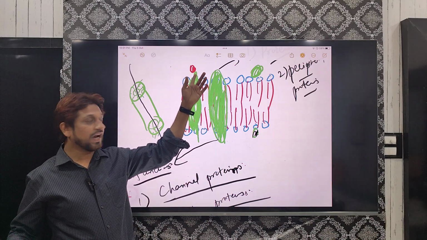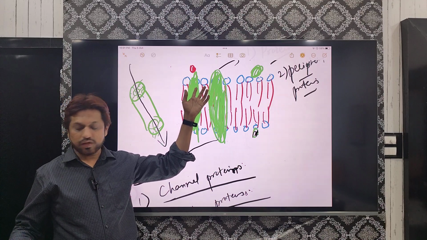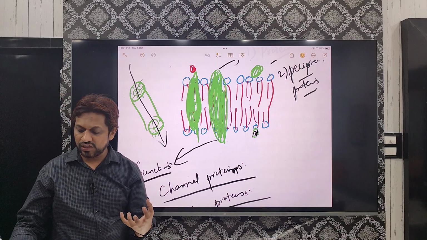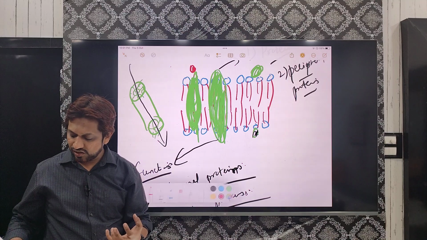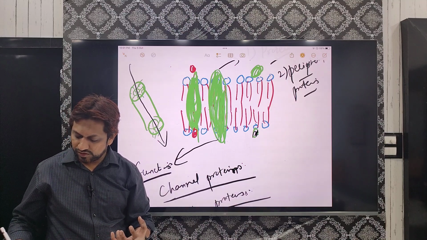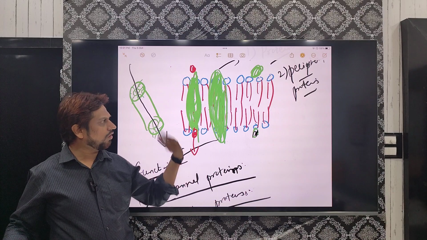Whenever a substance or ligand binds to this carrier protein, it will have a conformational change, and through that conformational change it will transport the substance into the inner side or vice versa.